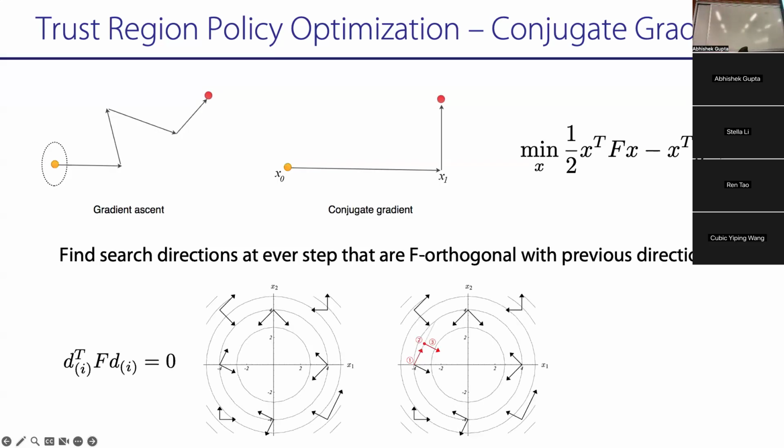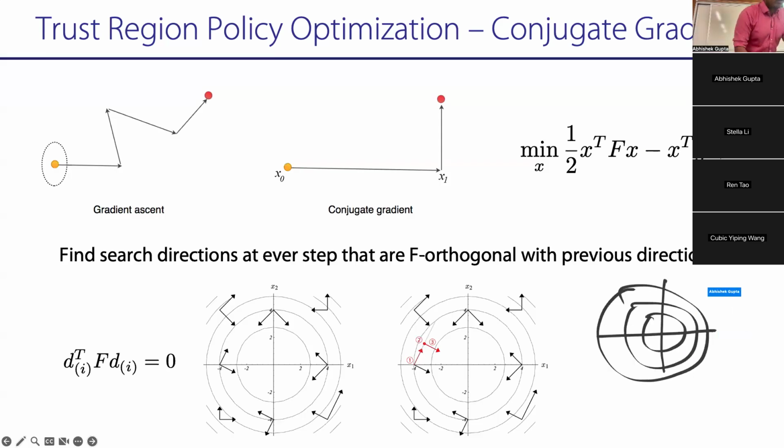The important thing about conjugate gradient is that it's not exactly orthogonal, it's F orthogonal, which means it's not that D transpose D is equal to 0, it's that D transpose F D is equal to 0. If you have symmetric geometry in your problem, then these two directions are orthogonal.